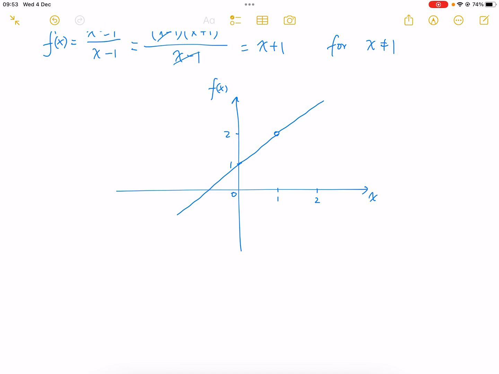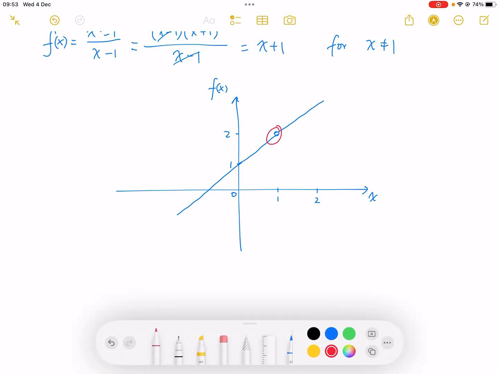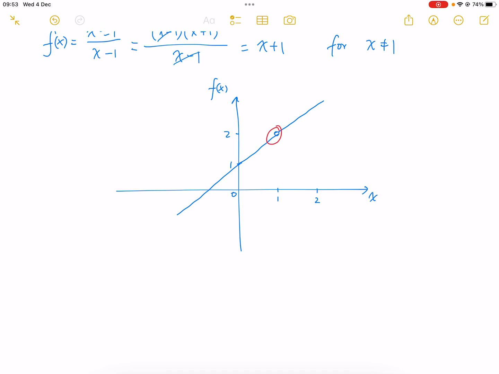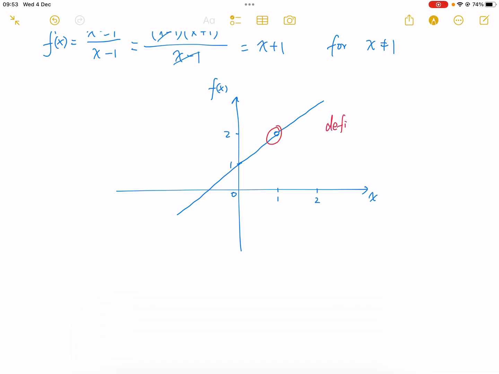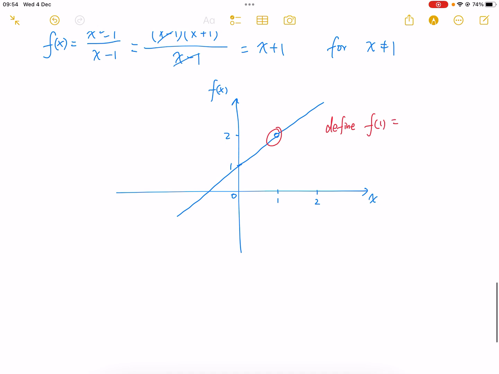The function has a hole at x equals 1 because it's not defined here. But if we were to define f of 1 equals 2, we would remove the discontinuity, making the function continuous at that point.